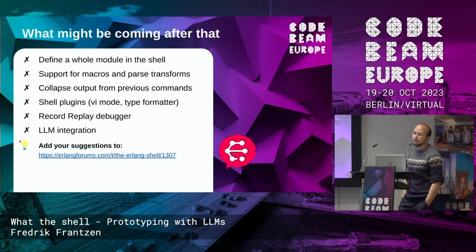So we want to be able to define a whole module in the shell, and we want to be able to support macros and parse transforms, and maybe collapsing output from previous commands to declutter your shell session, and add some kind of plugin system to enable different shell plugins like a VI mode or your own custom type formatter. And then maybe add a new debugger, a record replay debugger using the powerful trace mechanism of Beam.